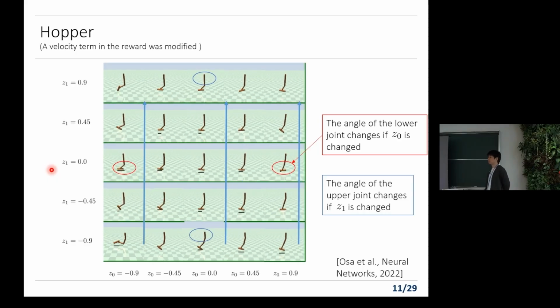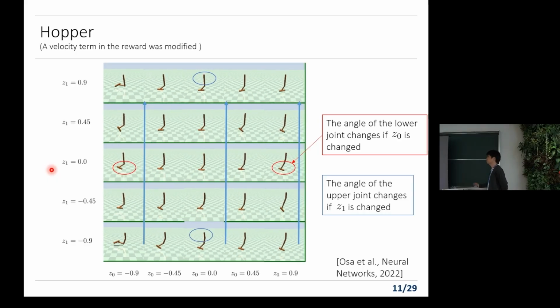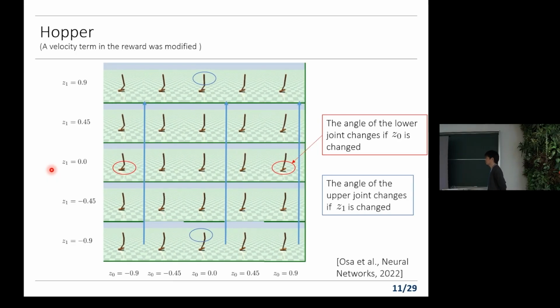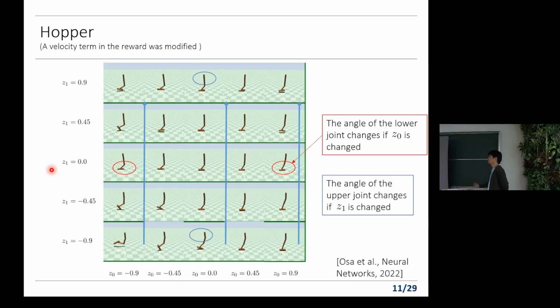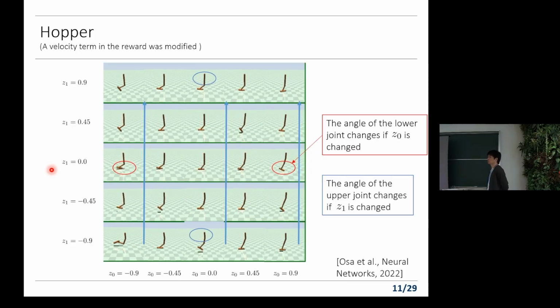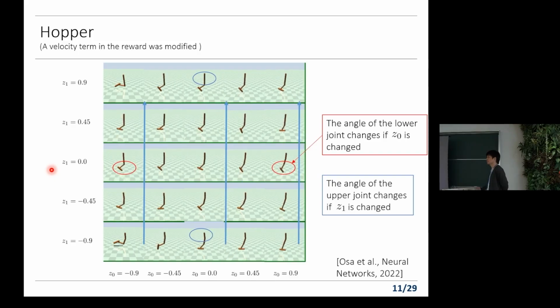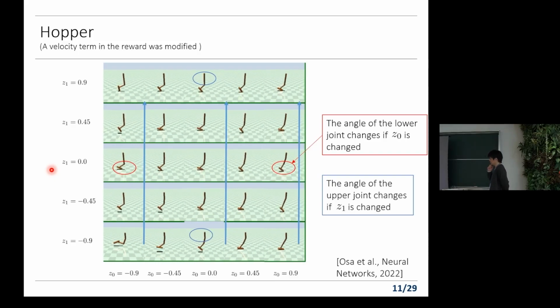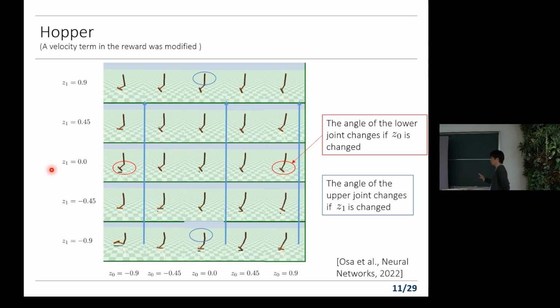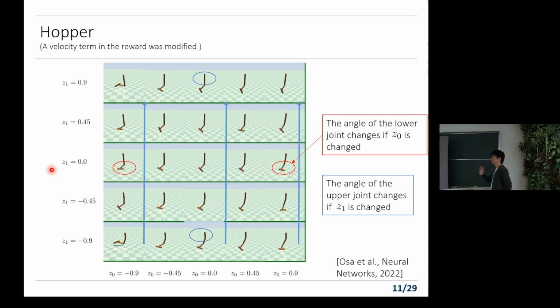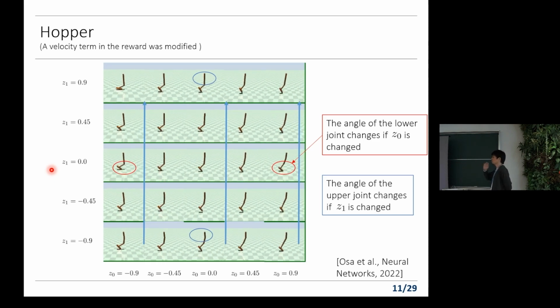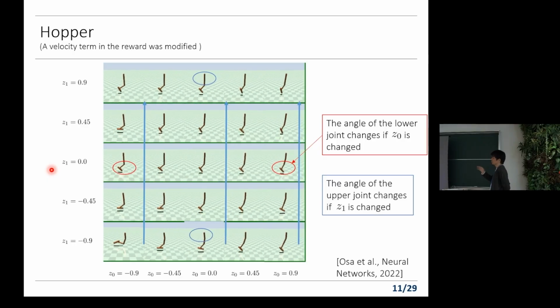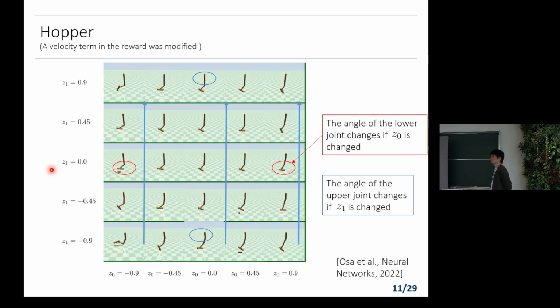Here, we just give a simple reward like moving forward, which does not actually specify a unique solution. In that case, our method can capture multiple solutions. Actually, the solutions obtained by this method are not very optimal. Probably it captures many local minima, but still, I think it works well in practice.